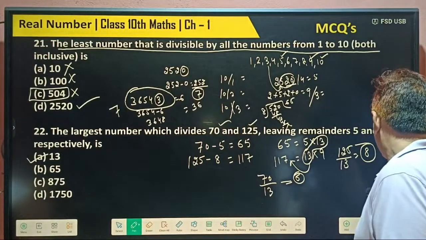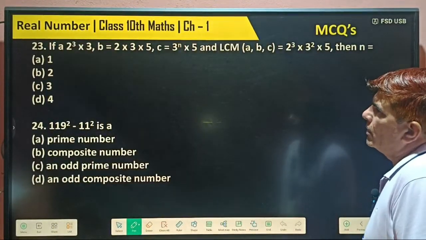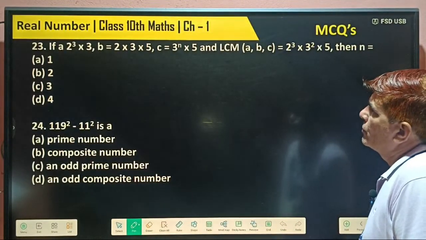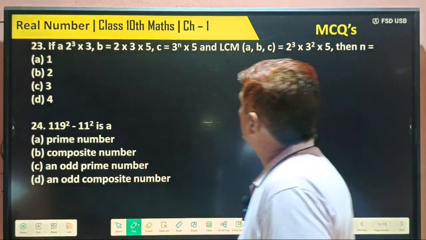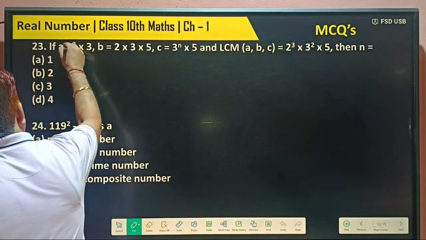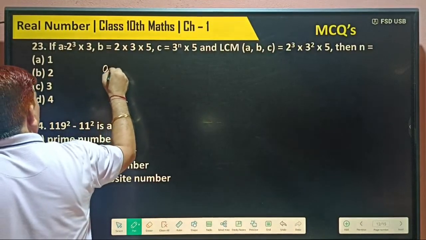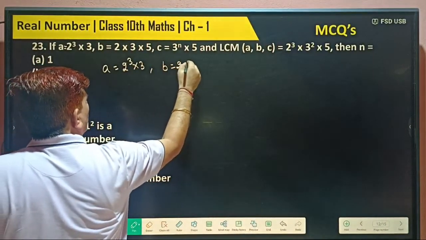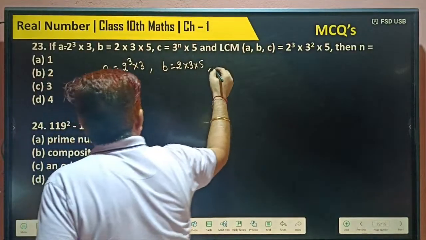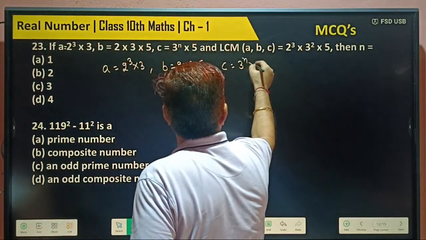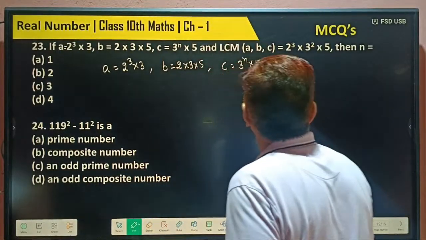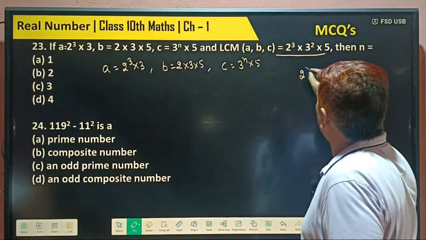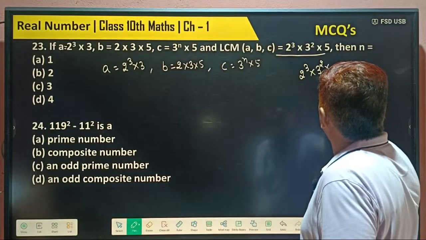Given A equal to 2 power 3 into 3, B equal to 2 into 3 into 5, and C equal to 3 power n into 5. And the LCM is 2 power 3, 3 power 2 into 5.